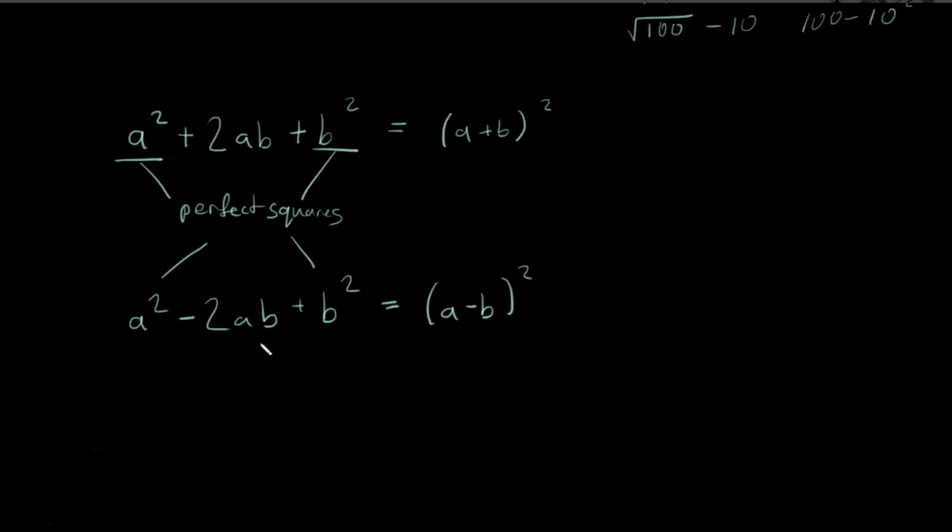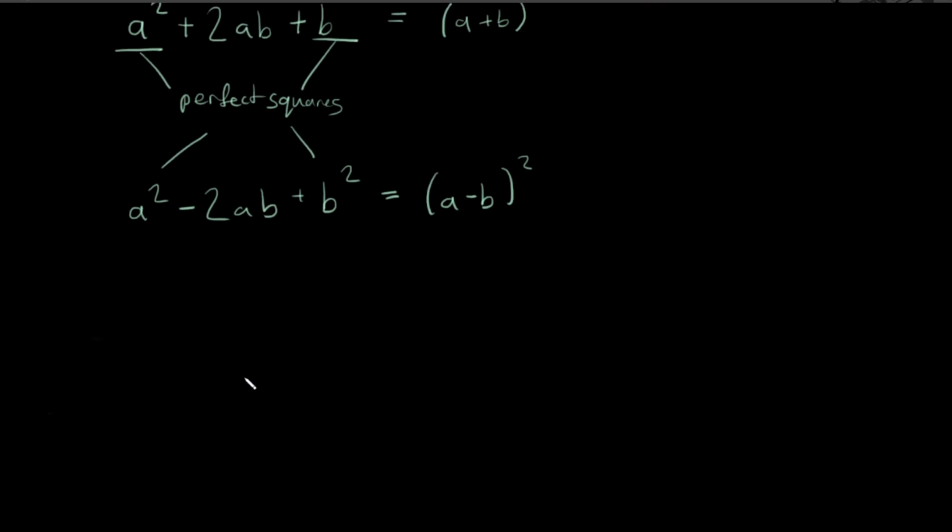So what would a problem like this look like? And are we sure it's a perfect square trinomial? Well, let's take a look at, say, x squared, sorry, I'm going to change this, minus 6x plus 9.